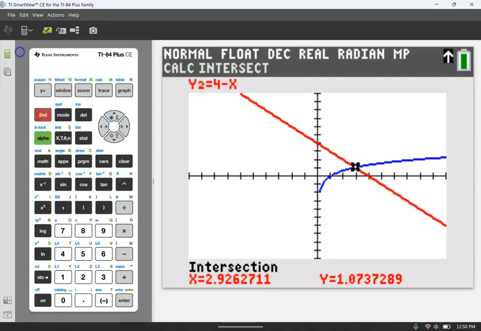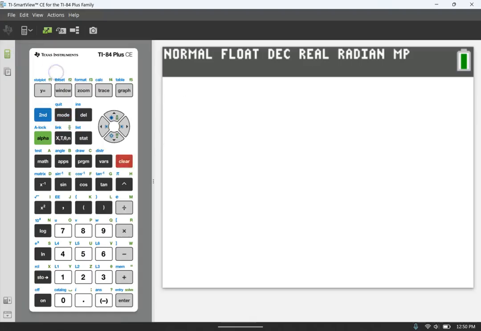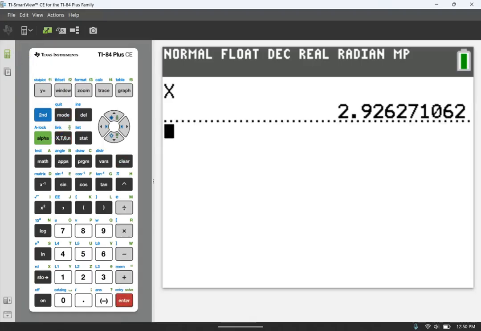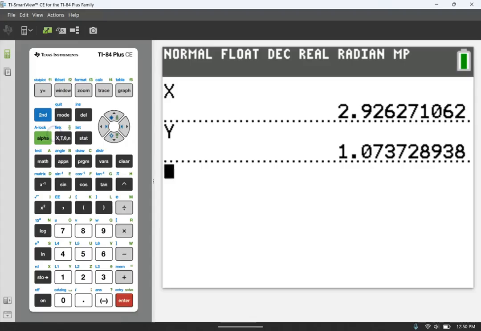If you go out here, I showed you how we can do x equals, and there's the x value. If you do alpha 1, get the y, guess what's stored into y? The y value. So if you take that y value, you can then store it.